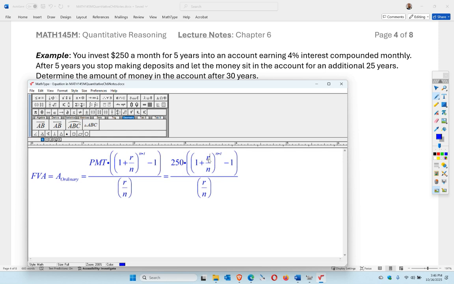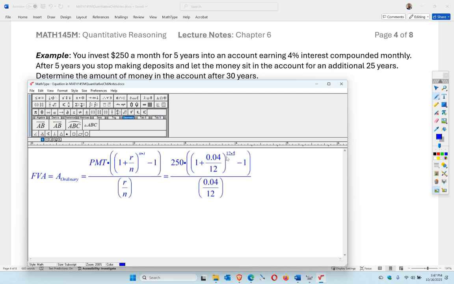The interest rate on this is 4%. The number of compounds, it's monthly, right? So 12. But the time period is only 5 years, correct?